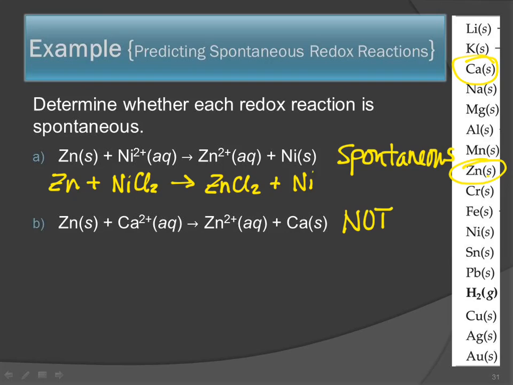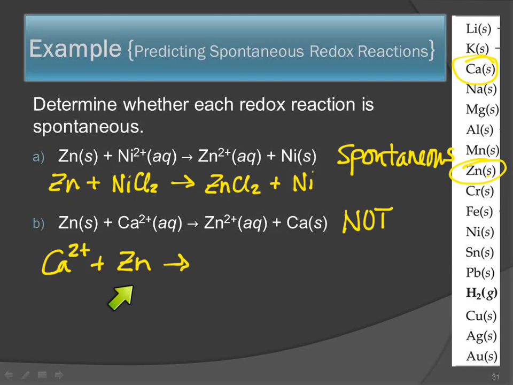So for it to be spontaneous, the first element would need to be reacting with an element below it on the list. The one that's an element, not an ion, has to be higher. Because if I just wrote this in the reverse order, Ca2+ plus zinc, that's not going to make it happen.